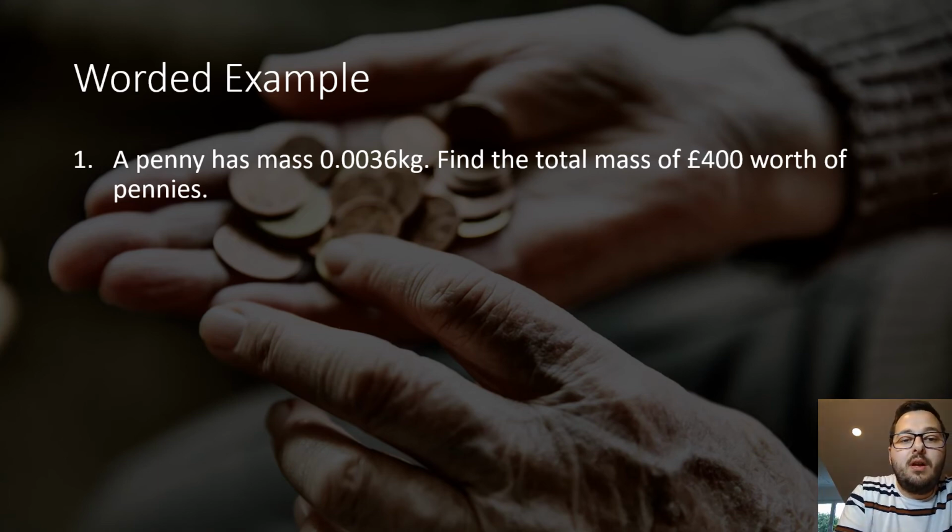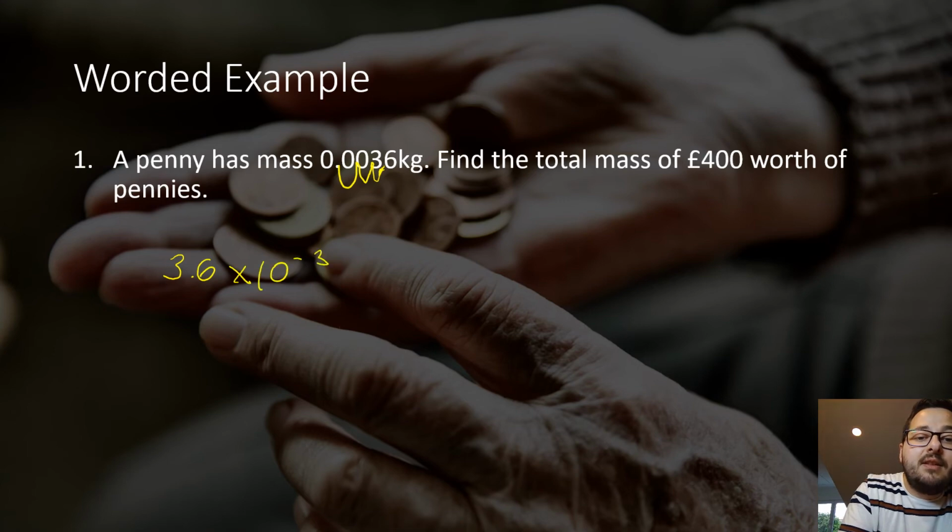A penny has a mass of 0.0036. Well, let's write this in standard form. We would want the decimal point to be there. So that has moved 1, 2, 3 places. So this is 3.6 times 10 to the minus 3. So that's the first one.